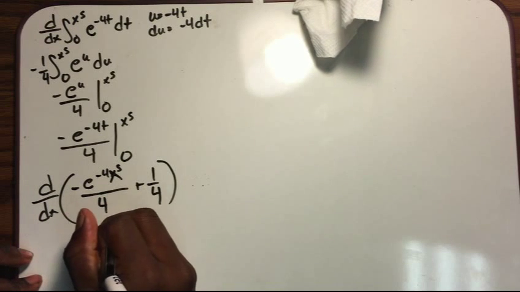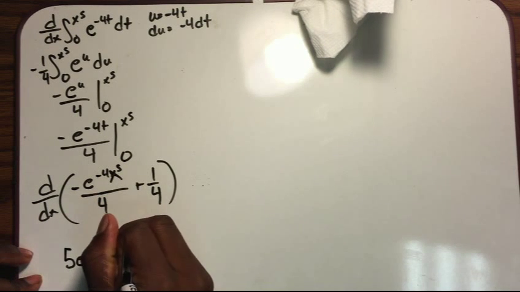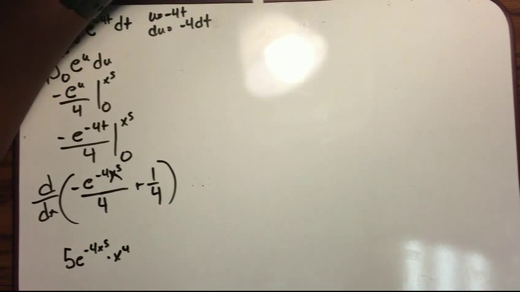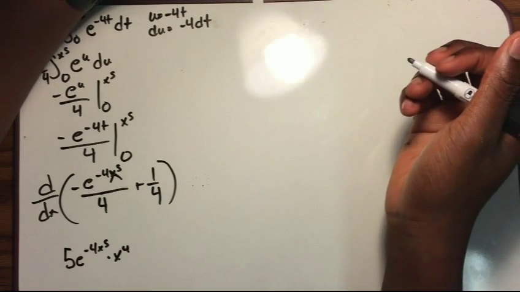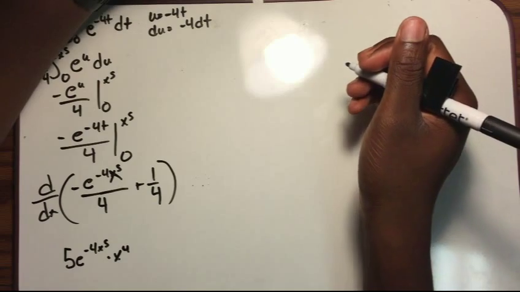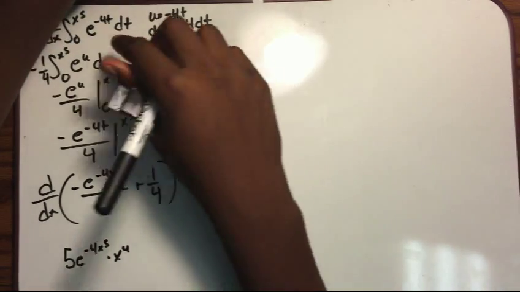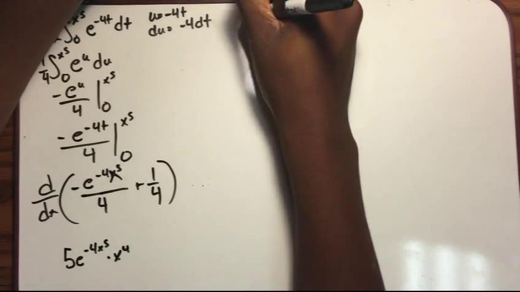However, it's a little bit different once you use part 1. I want to demonstrate this. I'm going to erase this for now and put the answer right here: 5e to the negative 4 x to the 5th times x to the 4th.